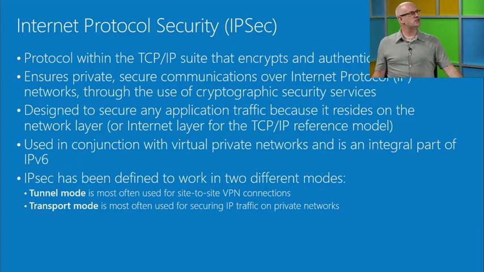Tunnel mode is used for creating virtual private networks between a client and a destination. You create this tunnel, which we're going to talk about later, that enables communication. There's also transport mode, and this is for encrypting the data itself on private networks.